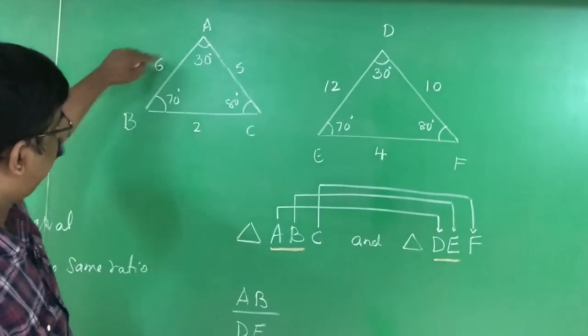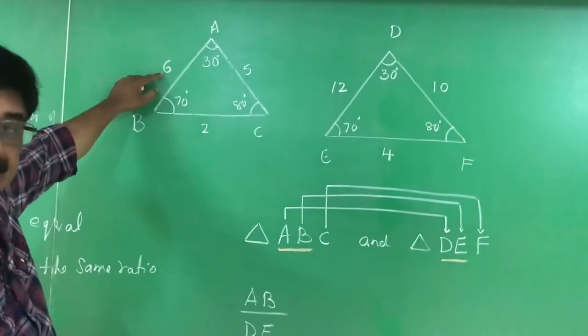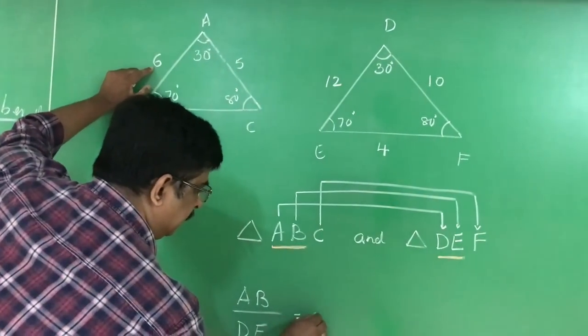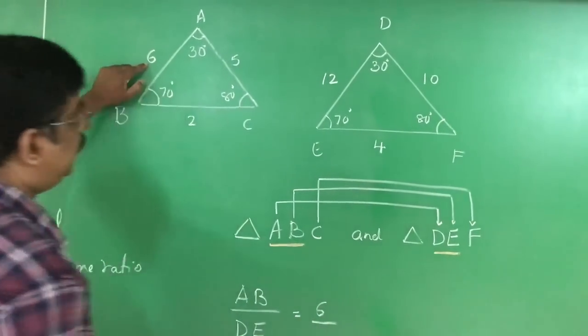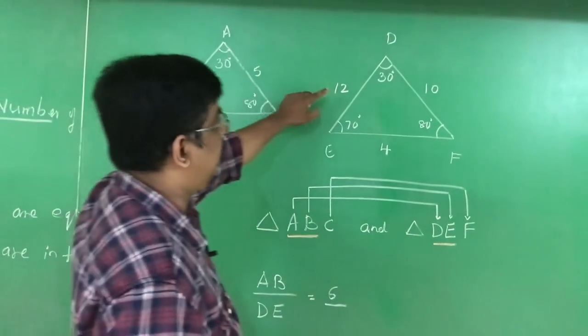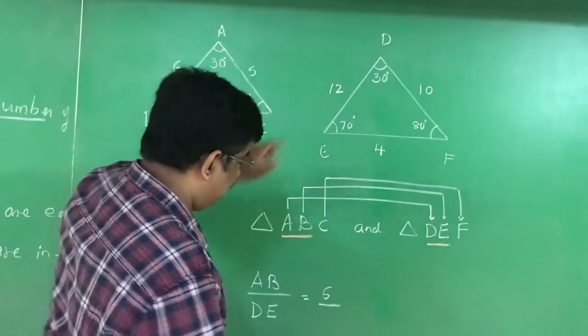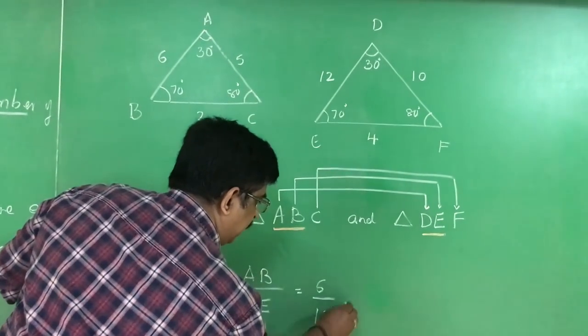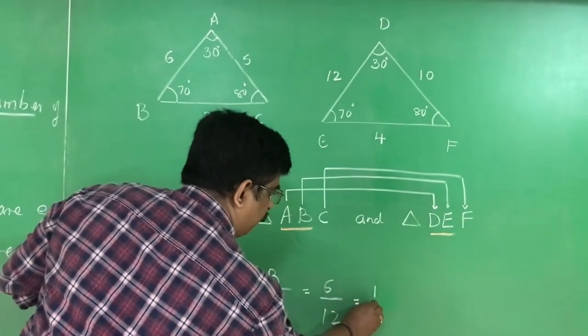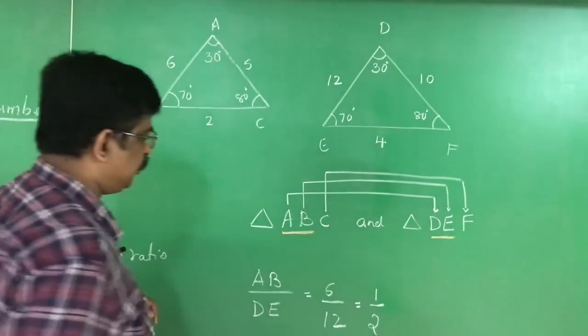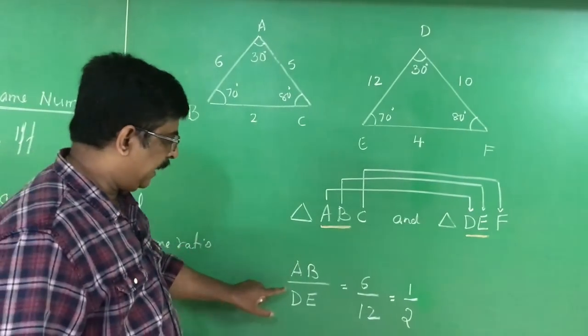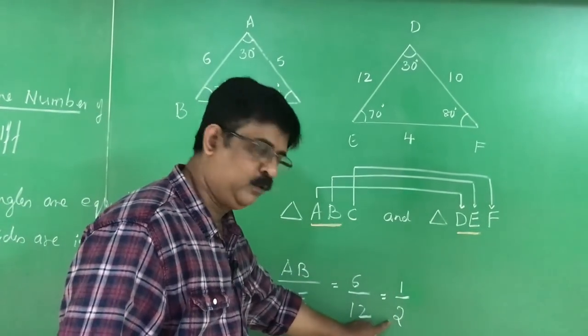AB is here. What is the measurement of AB? 6. Where is DE? DE is here. What is the measurement of DE? 12. See, I simplify this. This is 1 by 2. The ratio of AB by DE is equal to 1 by 2.